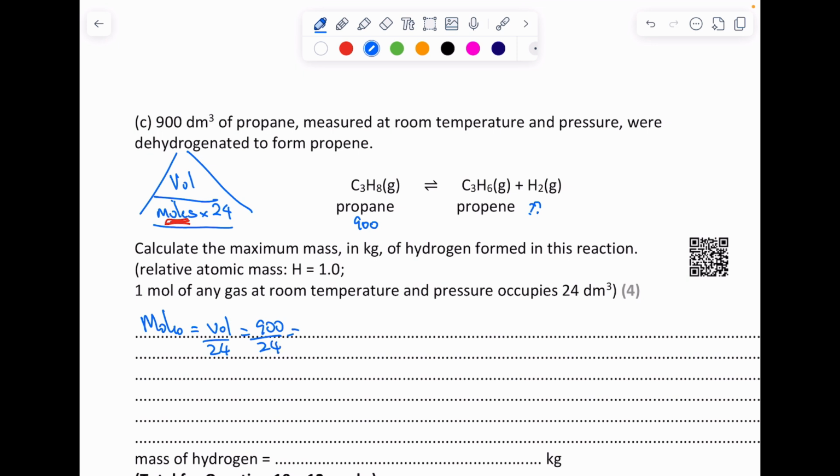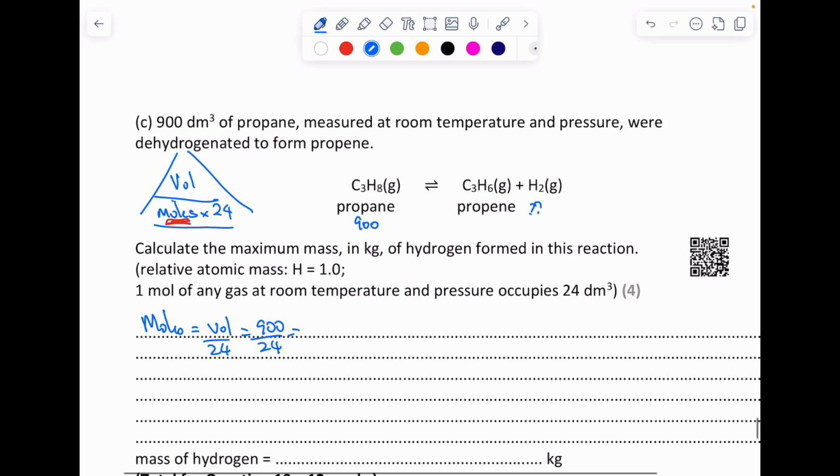Let me just work that out for us. So I've got 900 divided by 24 is 37.5 moles. Next, we want to know how many moles of hydrogen we've got. So if you look at the equation, the ratio I've got there is 1:1. So that means the moles of H2 also equals 37.5.